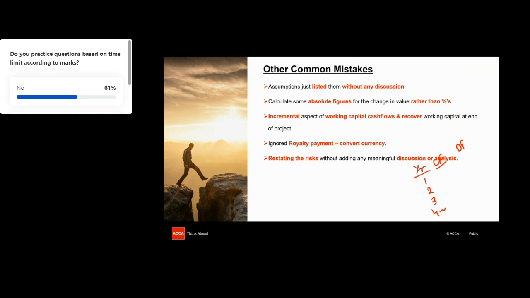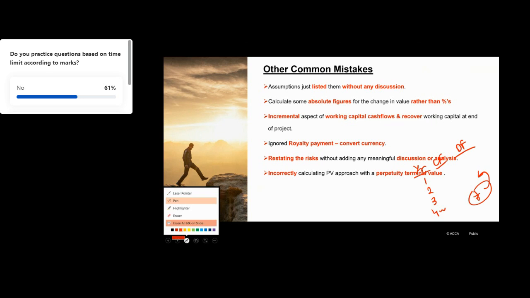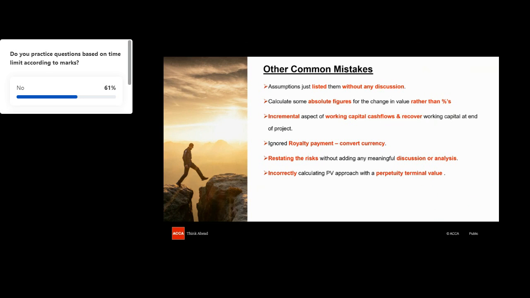When you get the discount factors, always remember that the perpetuity factor 1 by R will have to be multiplied by the previous year's discount factor. When it comes to the perpetual terminal value, there is always an error in calculating that. So go fix that base of perpetuity.